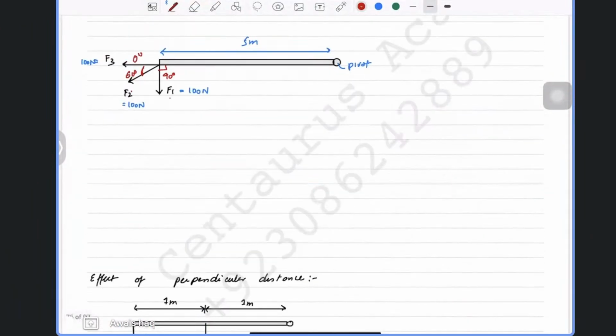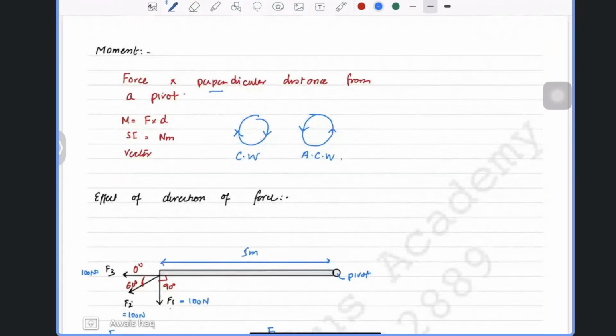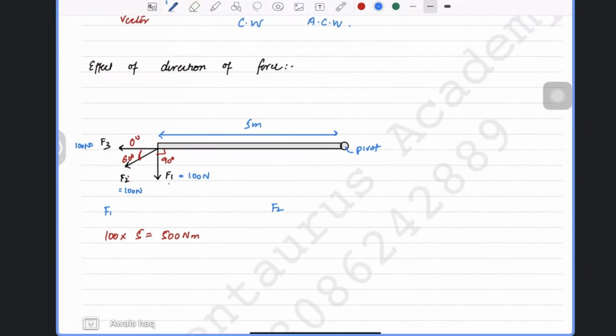Okay, so first of all, let's check what happens with F1. In F1, we're going to say it is force times 5. Directly you're going to get 500 Newton meter of the moment. For F2, because you need the perpendicular distance, your formula should be 100 sine of 60 times 5.